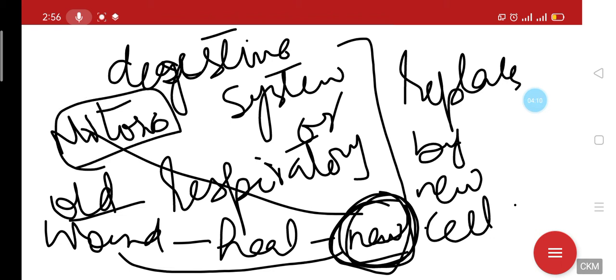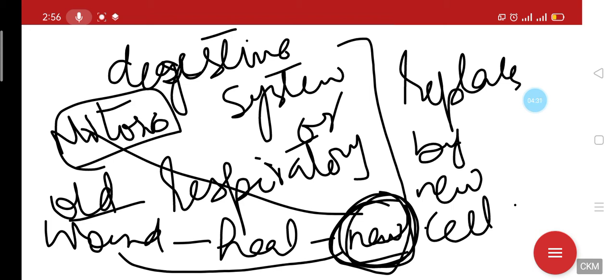Mitosis helps in the replacement of old cells. By the help of mitosis, the new cell is produced totally look-alike with the old cell. A new cell produced from the old cell is 100% resembling the old cell.